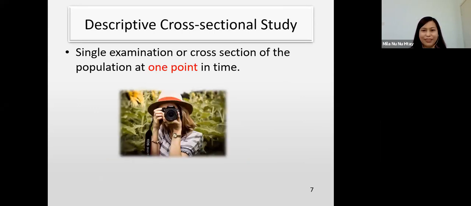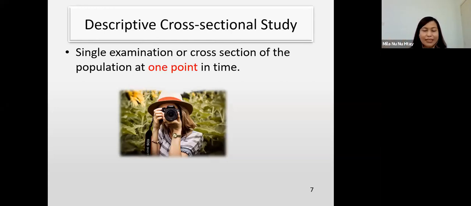Okay, I'm just wondering how many of you like taking photographs, right? If you look at this photograph, you may see a lady holding a camera, wearing a hat, and you may see the background, sunflowers.